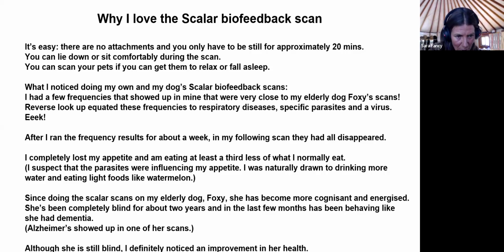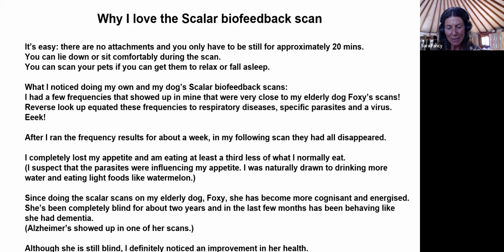So I just want to say something about the reverse lookup. It's not a diagnostic tool. Say the frequency 1,000 comes up, right? There's a whole list of ailments associated with that frequency, okay? And you might not have any of them.